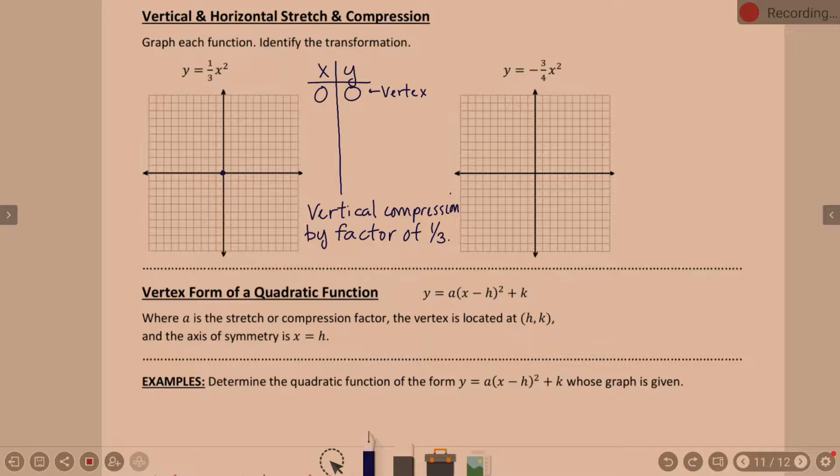Now, depending on what kind of mood you're in, depending on what kind of math student you are, do you want to use 1 as your next number? Some people are going to say sure, they'll make it work. Other people are going to say, ooh, because what happens when I put 1 in? Yeah, a fraction. You're going to have a fraction, aren't you? Because when we're plugging this in, this would be 1/3 times 1 squared.